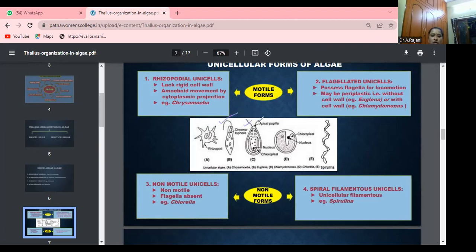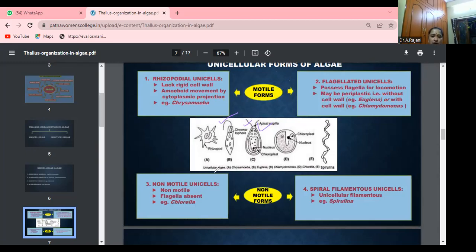This part is the flagella. Both have flagella present. One may be without a cell wall, that is Euglena, with a pellicle, and the one with a cell wall is called Chlamydomonas. Both are unicellular forms of algae.